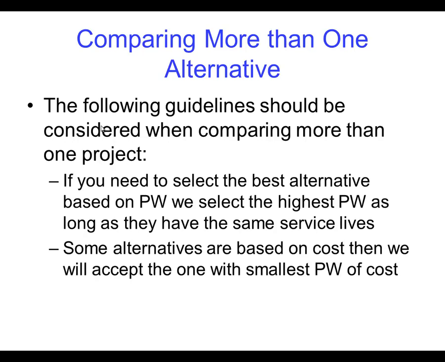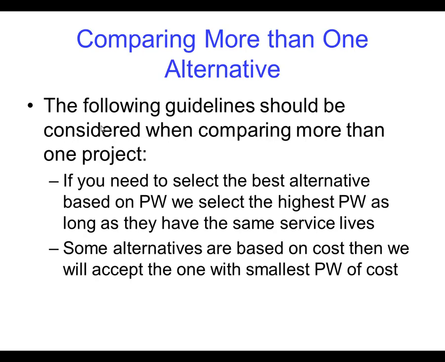We will follow the same steps in finding the net present worth for all alternatives, and select the investment or the project with the highest net present worth. It's the same steps that we did before, but we are comparing two projects or two alternatives.